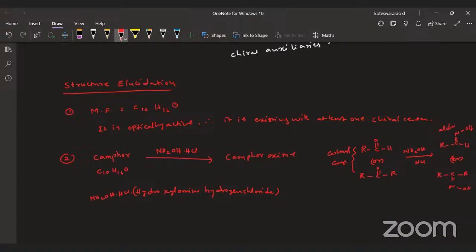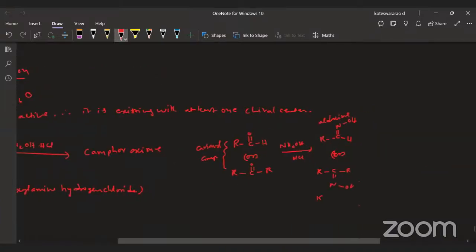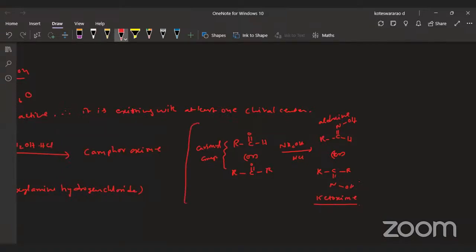Is it visible? Okay. Yes, now it is okay. Okay, sir. Right. It is ketoxime. It is aldoxime. It is ketoxime. Now, this is the general information only.